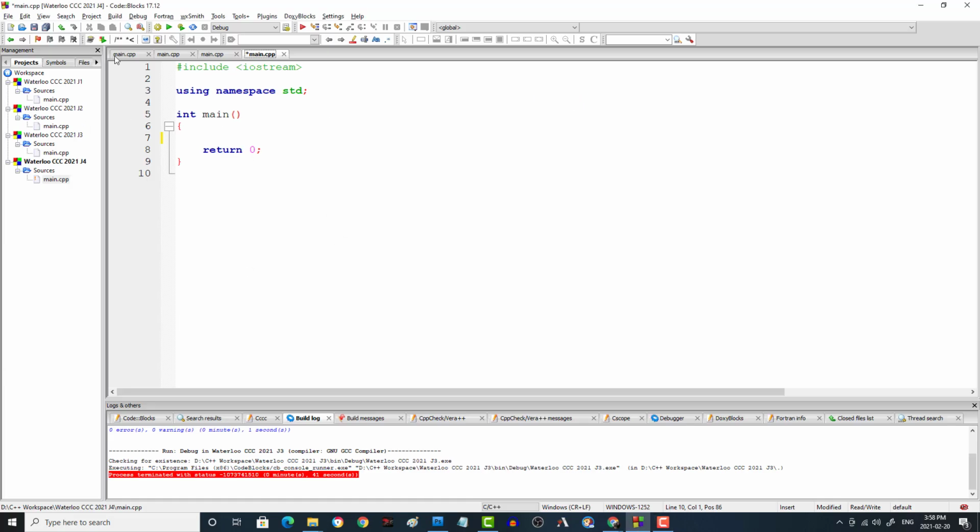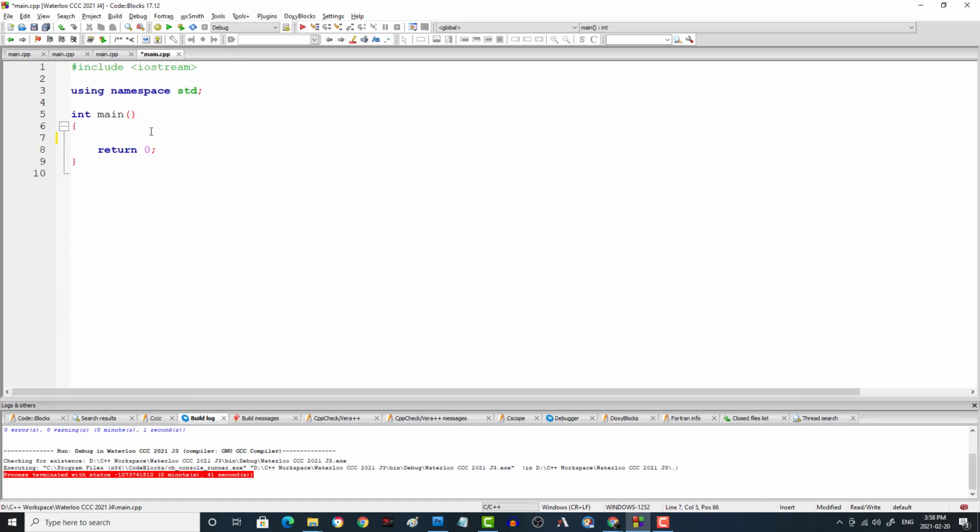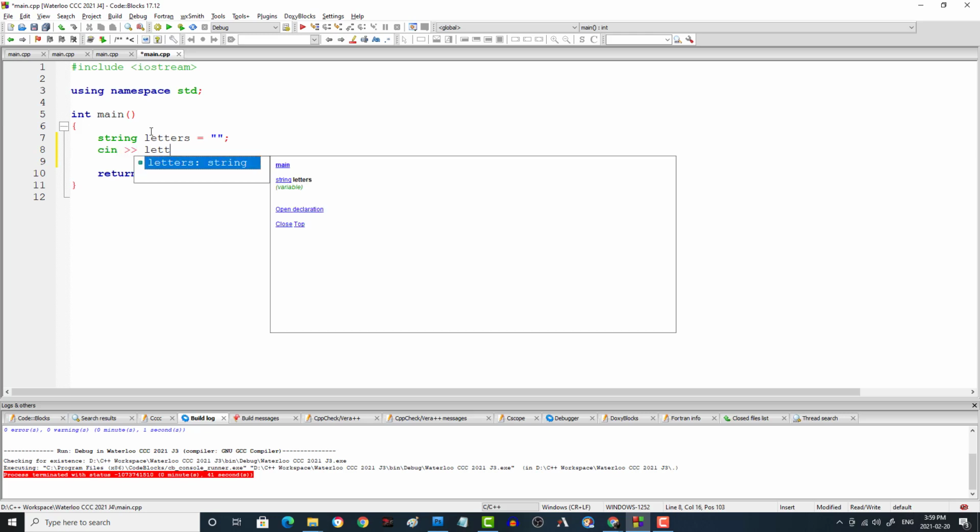All right, so let's take a look here, and the first thing we're going to do is get our string. So string letters is equal to blank, and then we're going to say C in letters.